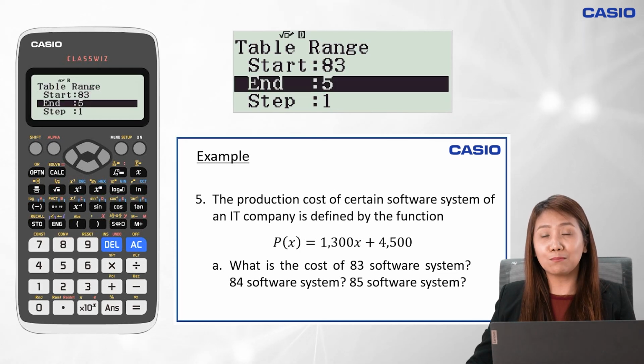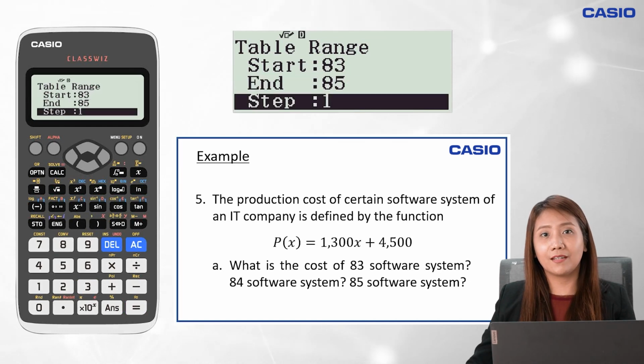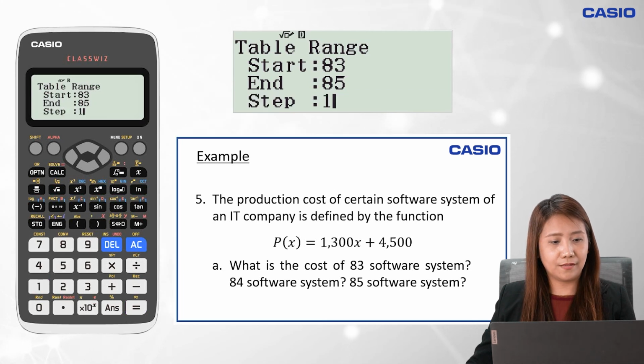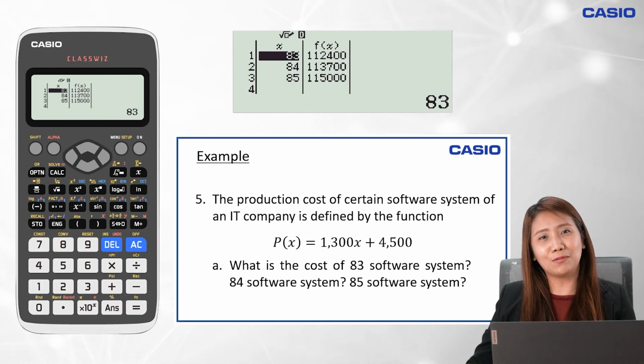For end, let's input 85 and press equal sign. Then decide on the interval. Let's consider 1. Then press equal sign twice. And the values will appear on the table.